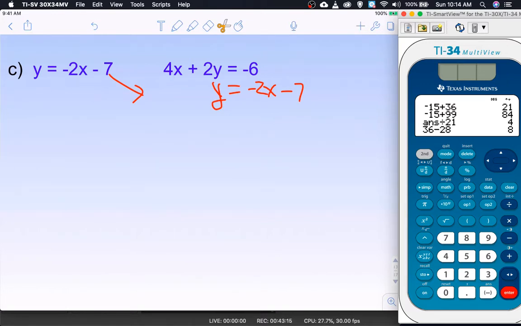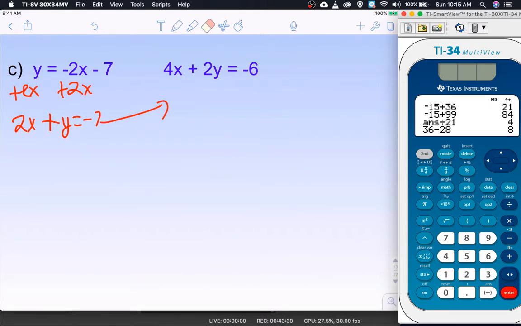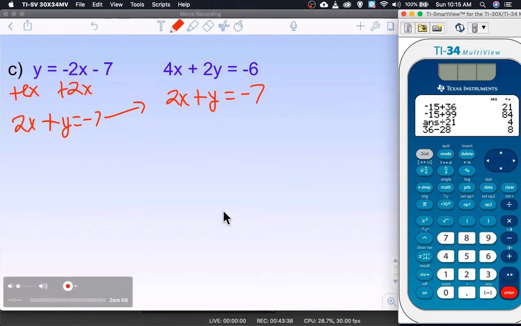Now I can fix that if I would have started by adding 2x to both sides and got 2x plus y equals negative 7, then everything lines up. Okay, so sometimes a little rewrite is needed so that your x's and your y's line up.